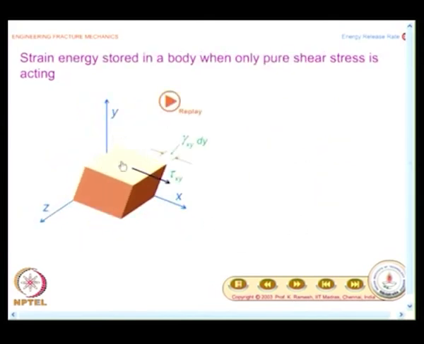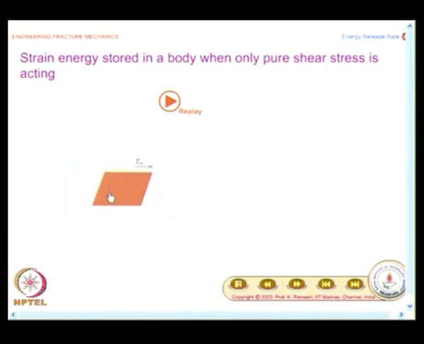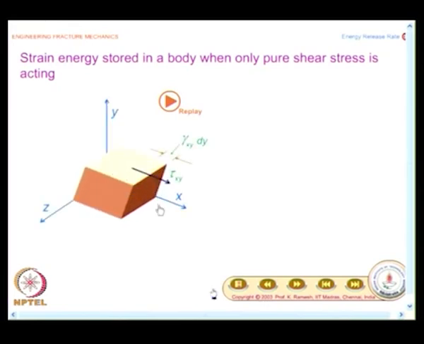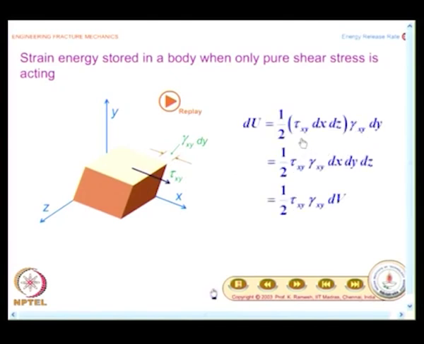You have an infinitesimal element with dx dy dz, and this is subjected to shear stress. Here again you can find out what is the force which is acting and what is the corresponding displacement. The force is tau xy dx dz, and the displacement is gamma xy dy.